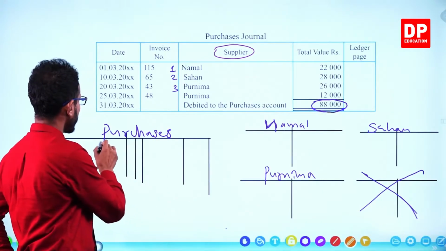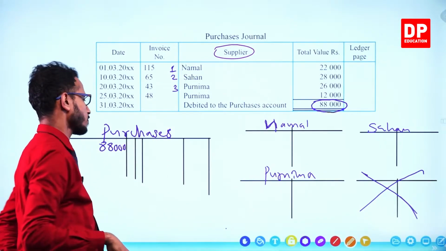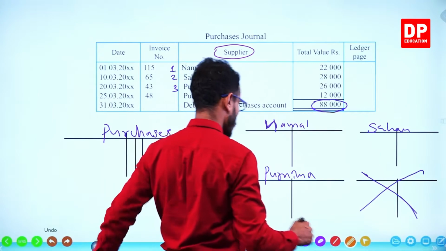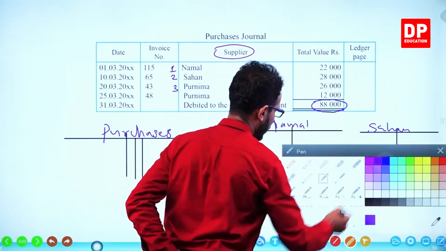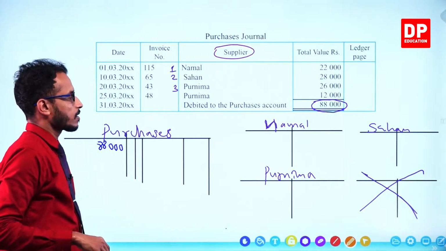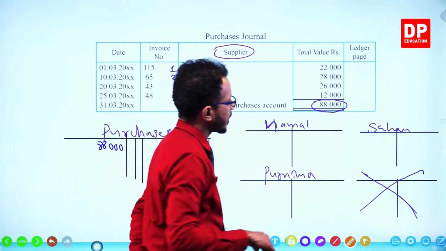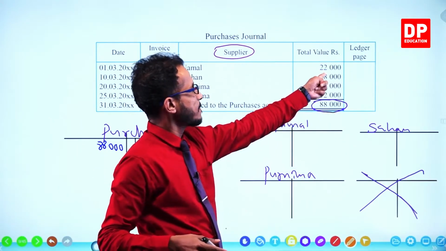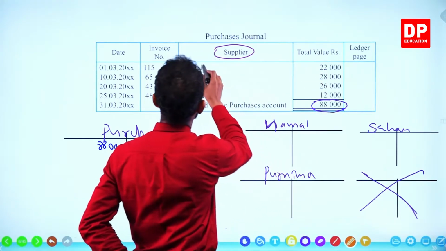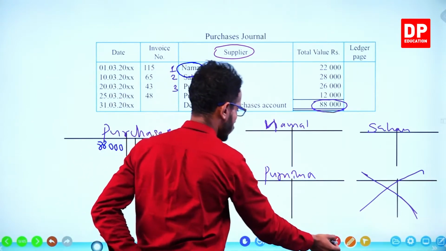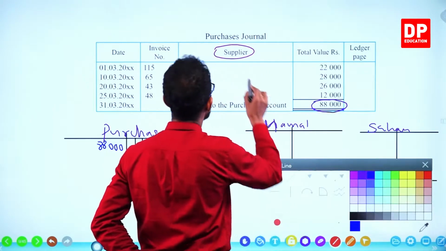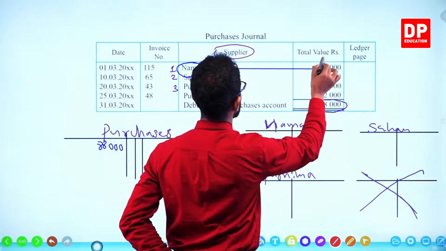Debit 88,000. I sure hope that you remember. 88,000. And each individual amount was transferred to the relevant creditors' accounts.